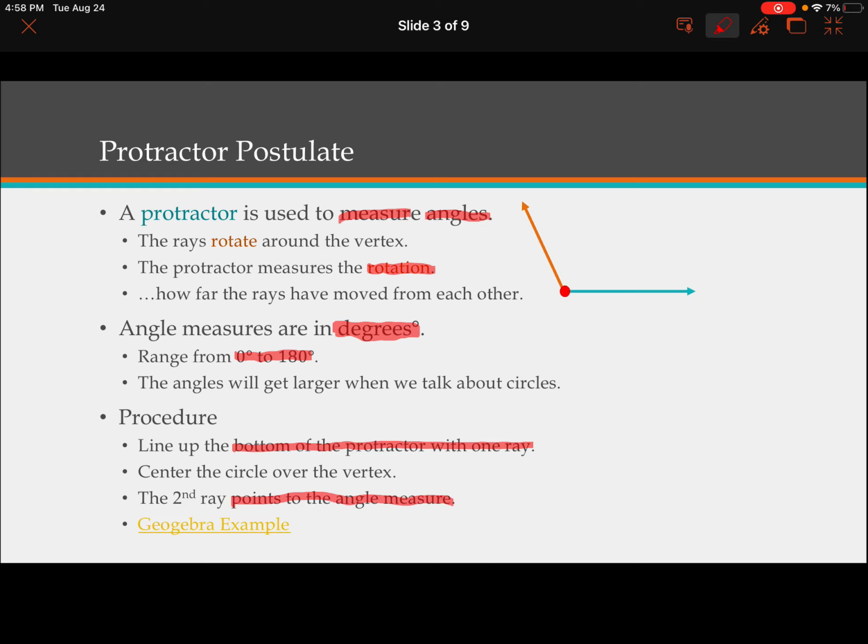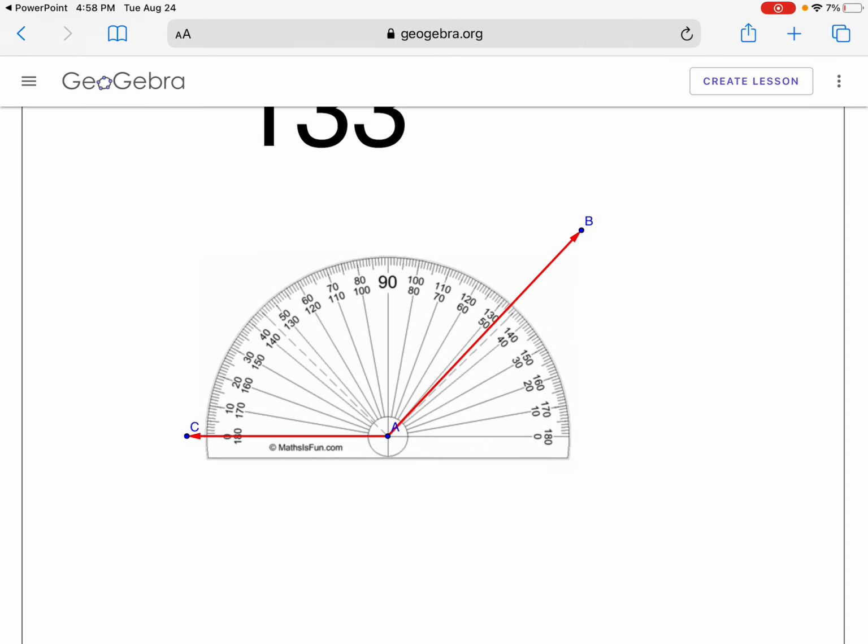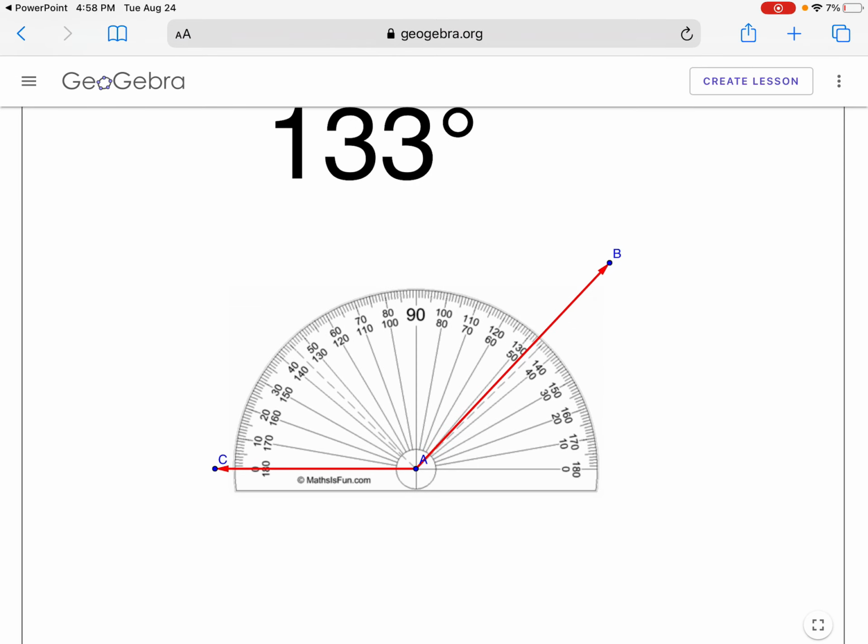What I have right here is an example of that. It's a virtual protractor that somebody made up. We see right about there that the vertex of this angle is in the center of the protractor.